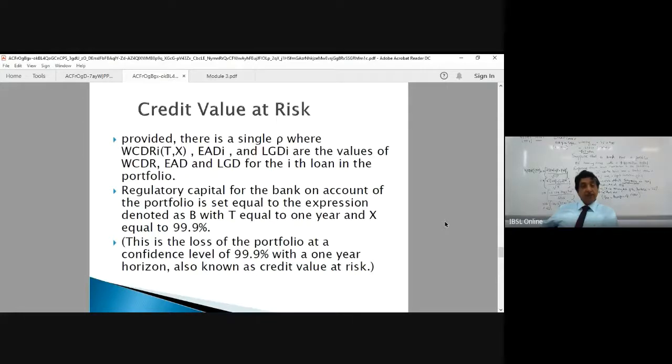In addition, we need to have an idea with regard to the relationship between the economic state or economic situation and the probability of default of the loans in a portfolio.